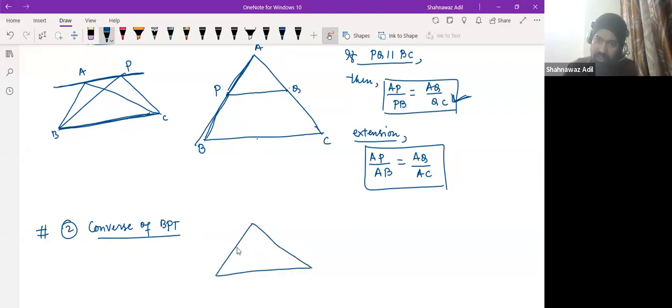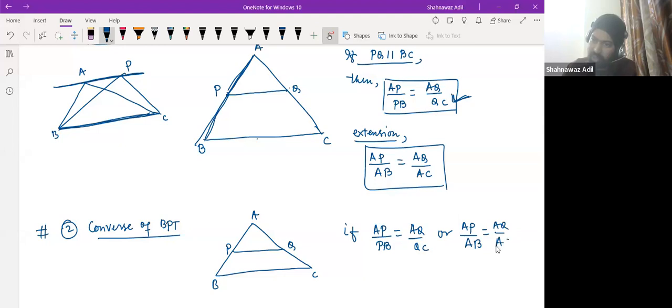It states that if AP by PB is equal to AQ by QC, or AP by AB is equal to AQ by AC, then PQ is parallel to BC. So these are the two things that we studied in this chapter.